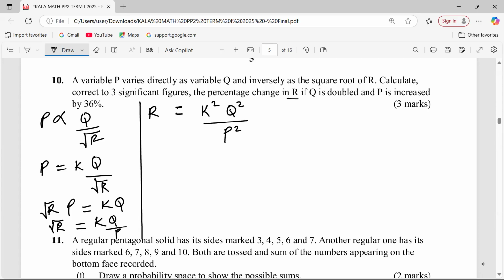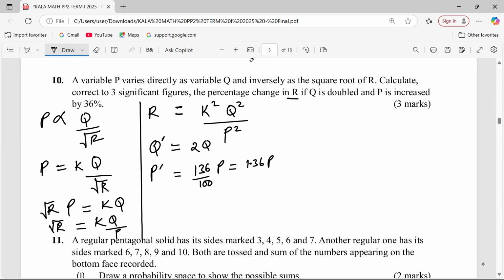So now there are some changes undergone by Q and also by P. The new Q becomes twice the original Q because Q is doubled. Then P is increased by 36%. So the new P becomes 136% of the original P. This is 1.36P.